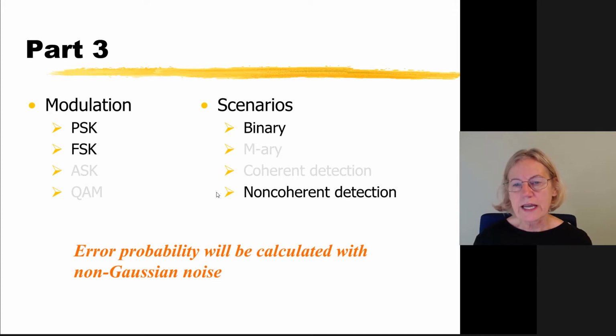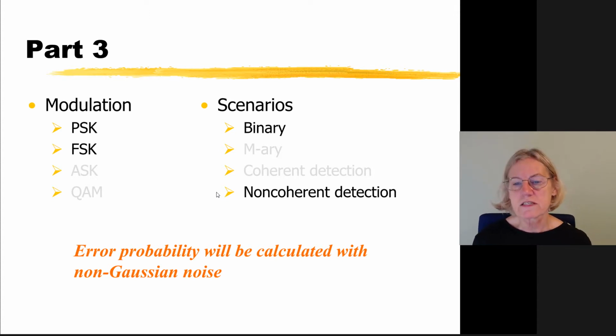Now, when we look into the performance of these systems, we're going to see a change because the error probability now has to be calculated with non-Gaussian noise. This is a departure from the rest of the class where everything else is Gaussian. When we go to non-coherent detection, it essentially becomes an energy detector.